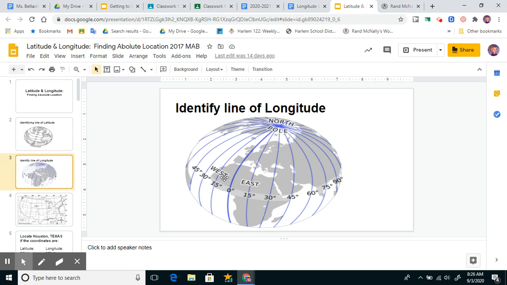On this particular map, you can dissect lines of longitude at smaller intervals as well. Now, if you go east from Greenwich, England, then your number is going to be east, 15 degrees east, 30 degrees east, and so on.